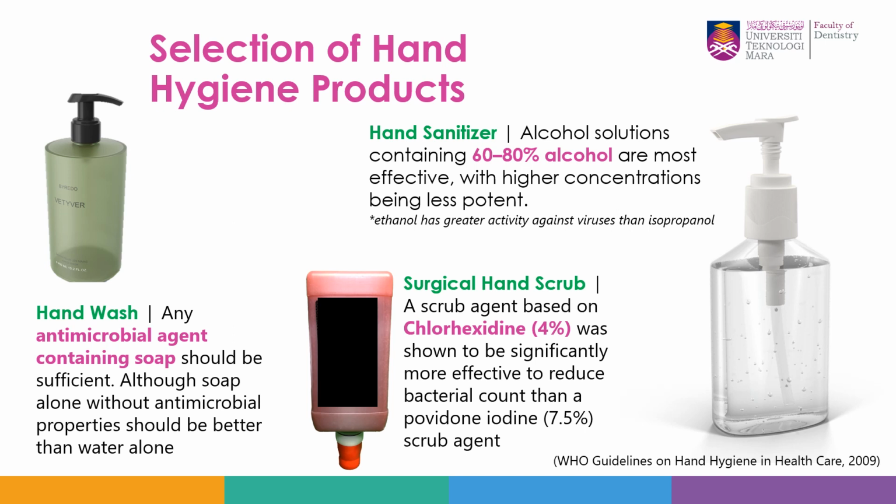For the surgical hand scrub, the most common one used is chlorhexidine 4%, because it can give an effective bacterial count reduction. Some products use povidone iodine, but chlorhexidine has been shown to be more effective.